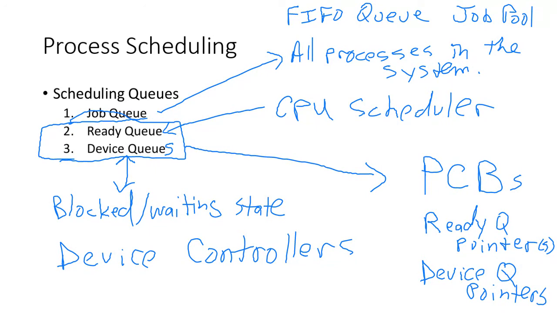Definitely those are in all operating systems. Definitely ones that we know: iOS, iPadOS, and whatever they're calling it, Android, macOS, Linux, Unix, and Windows. They definitely have a ready queue.